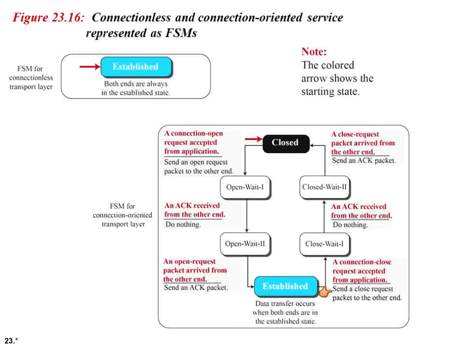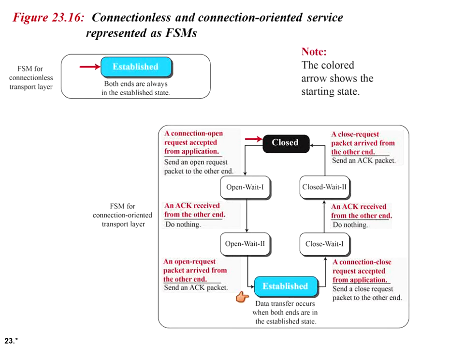Now we can think of a connectionless transport layer as a finite state machine with only one state, the established state. The machine on each end, that is both at the client and the server, is always in the established state, and it is ready to send and receive transport layer packets.